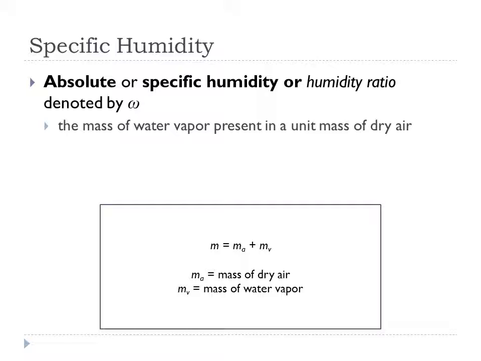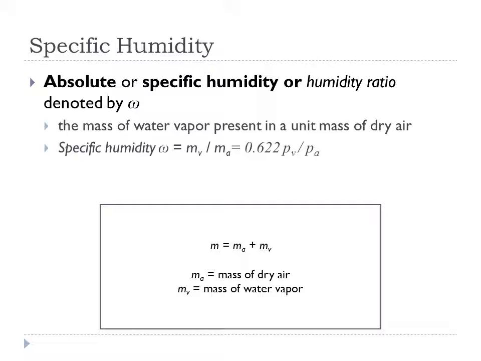That means in the room where we have total mass of air m, including the mass of air Ma plus mass of vapor Mv, the specific humidity omega would be given as Mv divided by Ma, that is the mass of water vapor per unit mass of dry air. Remember, Ma represents mass of dry air, the part of the air that cannot be liquefied, whereas Mv denotes the mass of water vapor that can easily change.